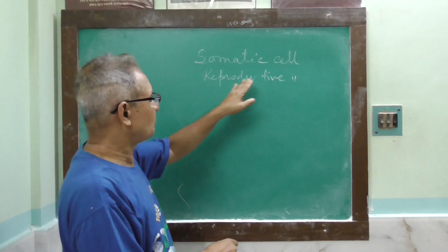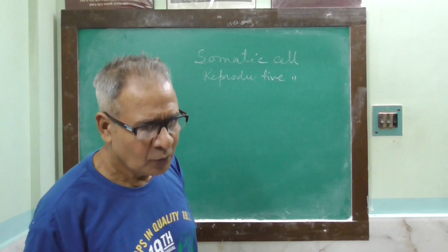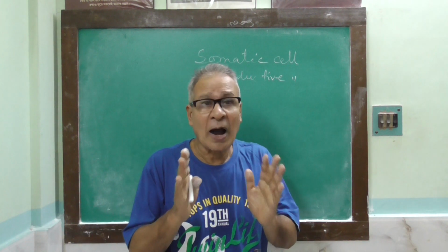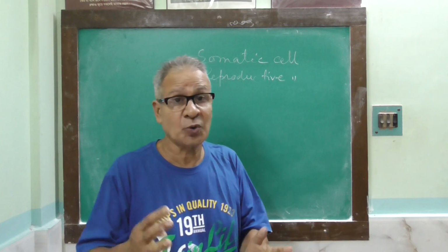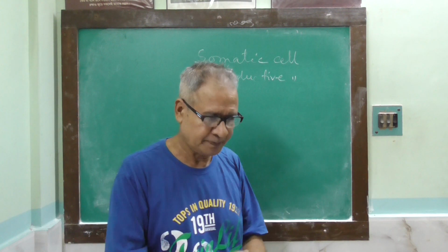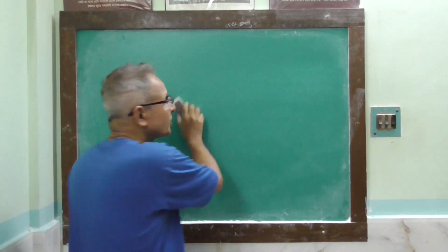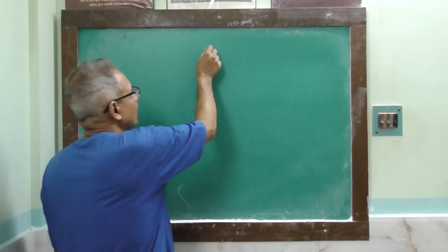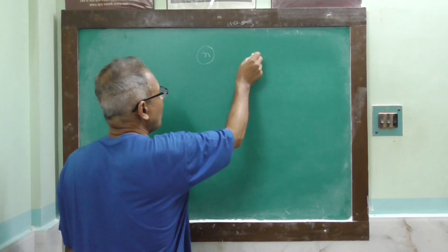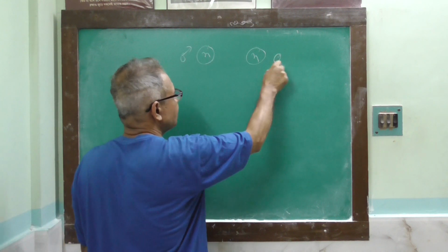The chromosome number of the reproductive cell is haploid. So we now come to know what the somatic and reproductive cells present in the body are. You know, in a sexually reproducing organism, a zygote is formed by the union of two gametes, male and female gamete.